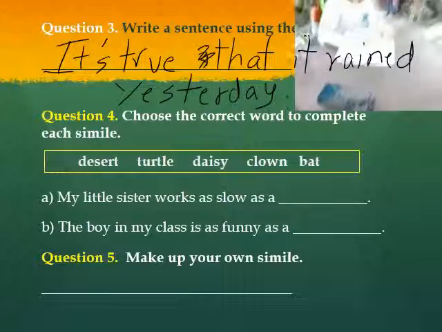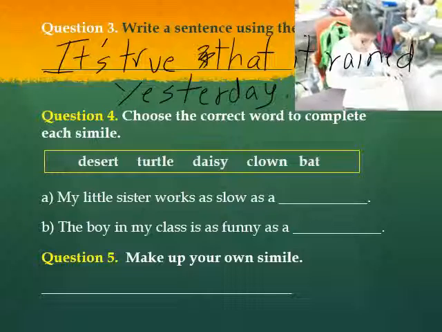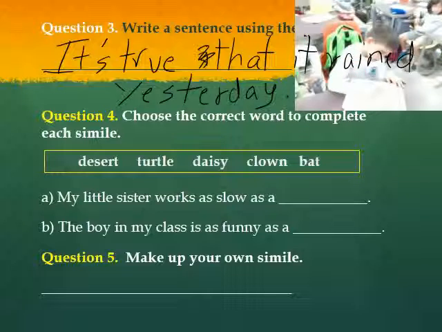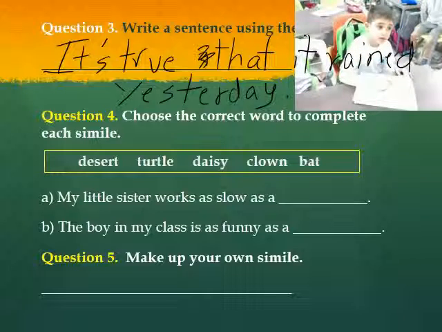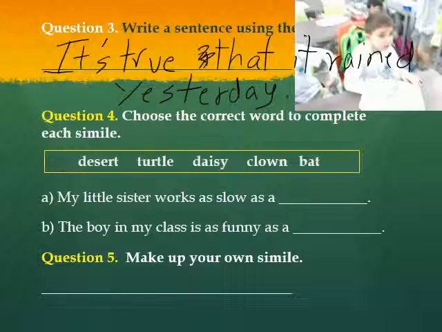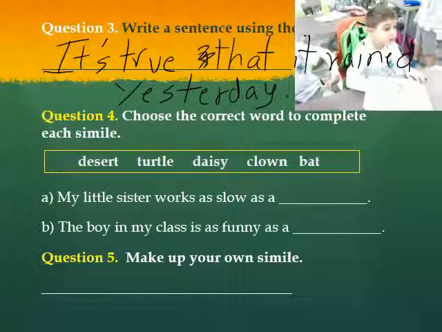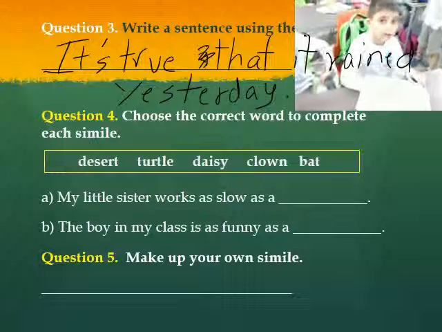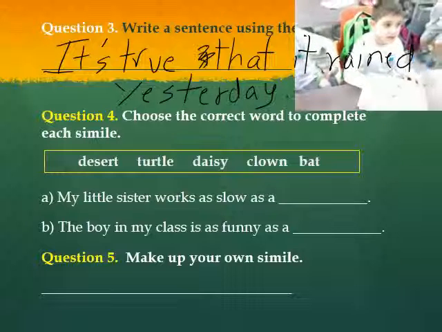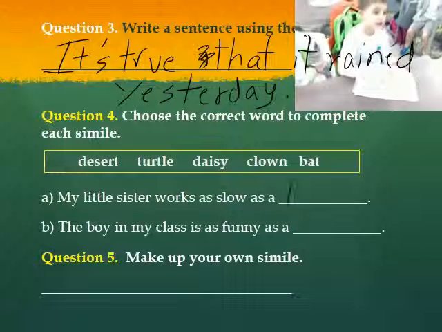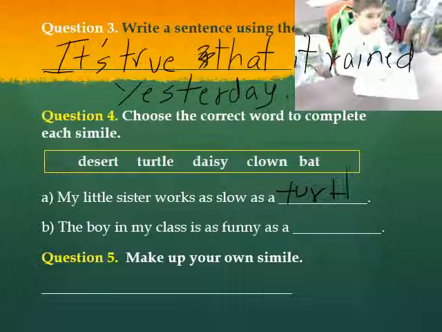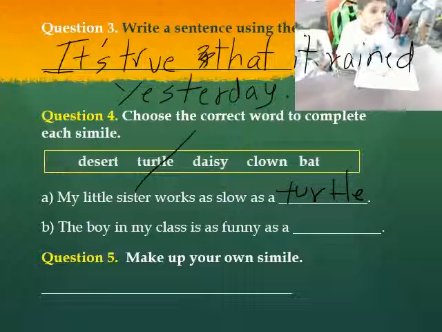So, the little sister is slow like what? Is the desert slow? No. Is the turtle slow? So it is as slow as a turtle. So we use the word turtle.